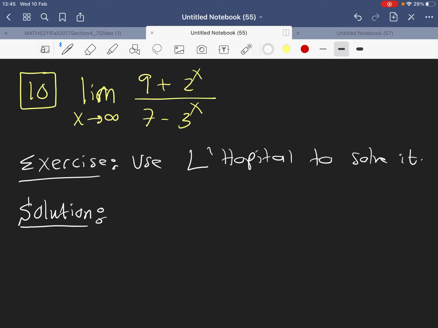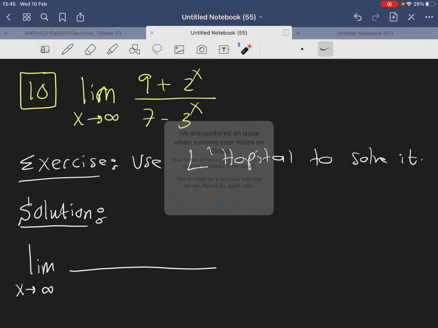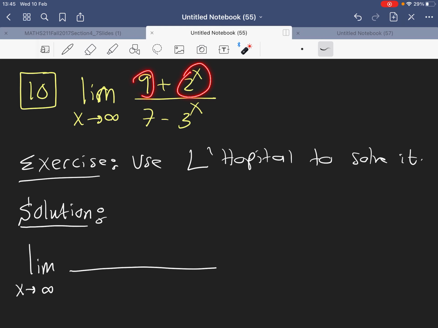Usually, we take the highest power of x in the numerator and the highest power of x in the denominator, or the dominant function, as a common factor. Now, what is the common function, or the dominant function? Here, I have 2 to the power x and I have just 9. So 2 to the power x will go as a common factor.